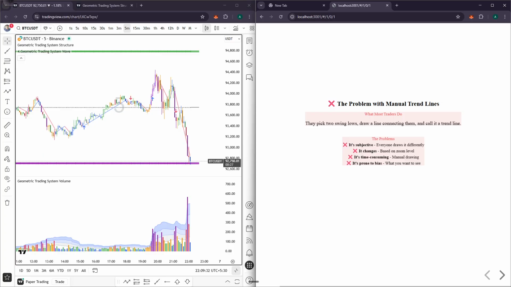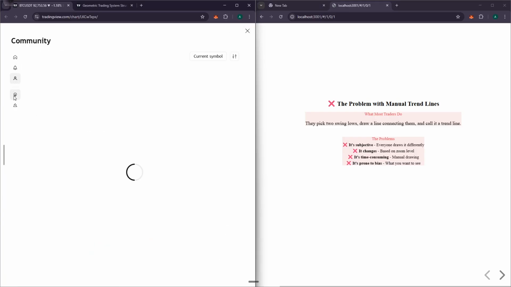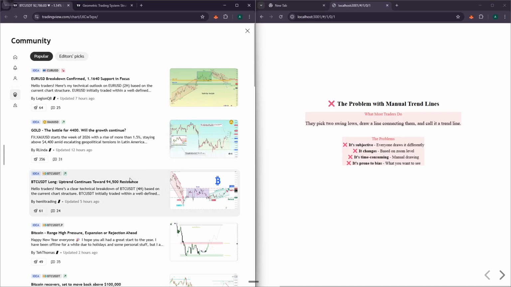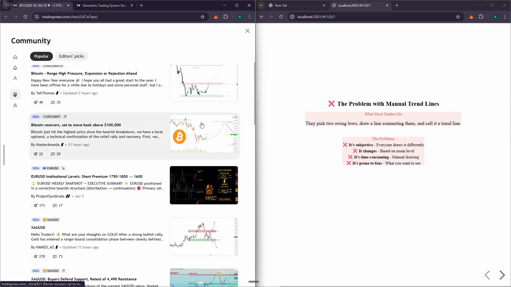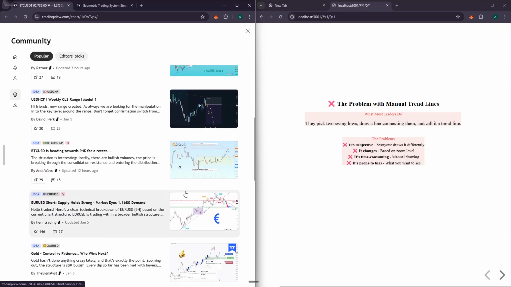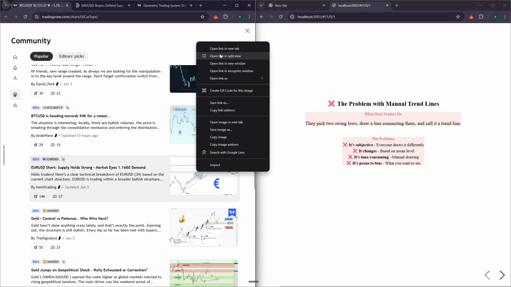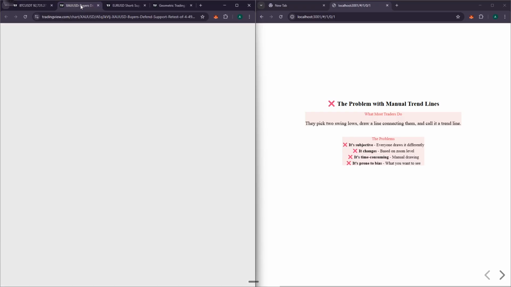I can actually show you an example. Check this out. A lot of people have drawn these trend lines, so their analysis might be different from yours, and that's why trading becomes very subjective.